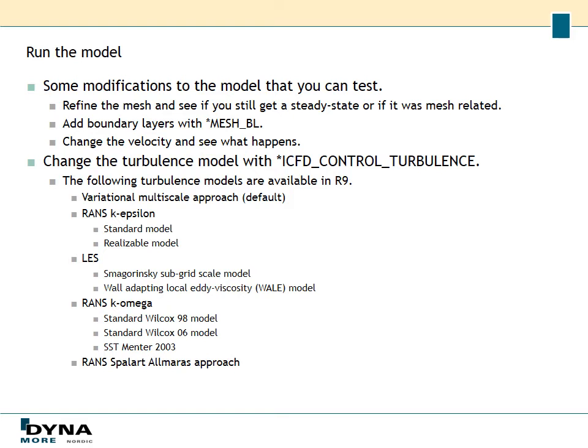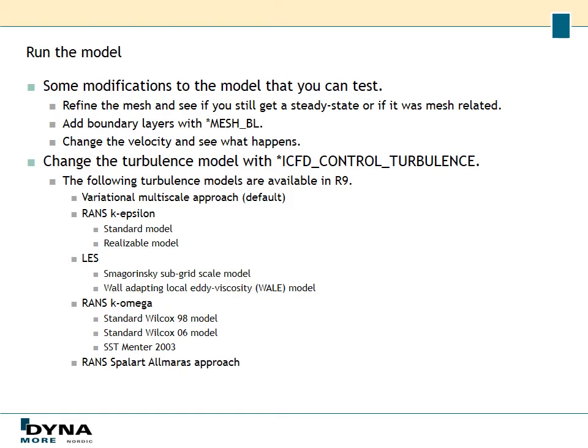And the following turbulence models are available in R9. The variational multiscale approach, which is the default value, RANS k-epsilon with two submodels, standard model and realizable model. Then large eddy simulation, LES, and here we also have two submodels, Smagorinsky subgrid scale model and wall adapting local eddy viscosity WALE model.